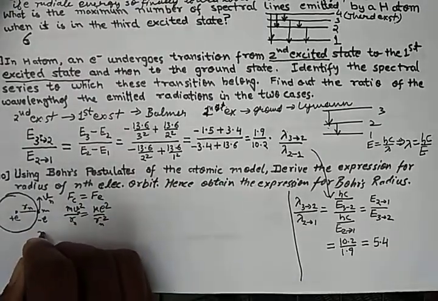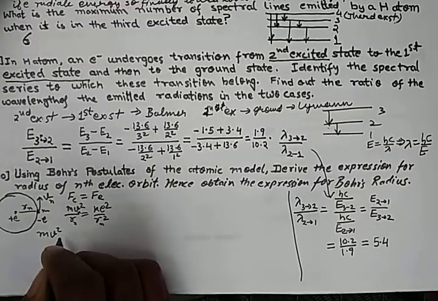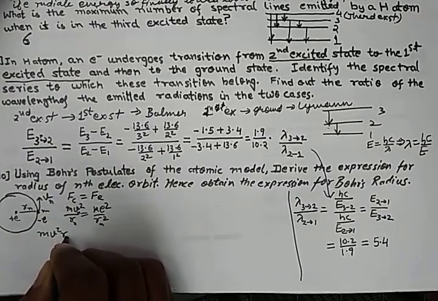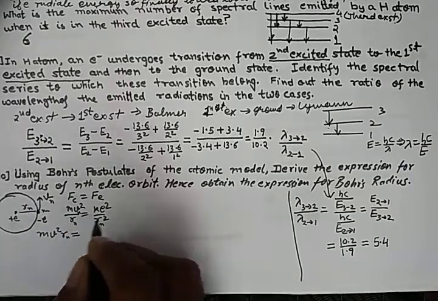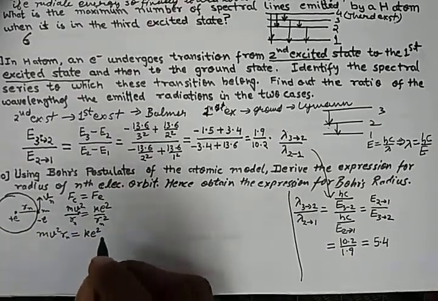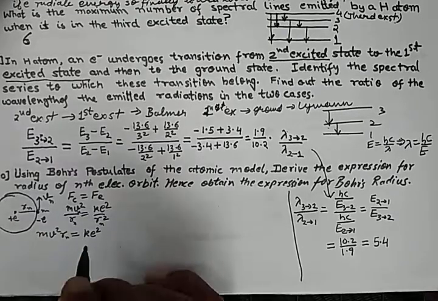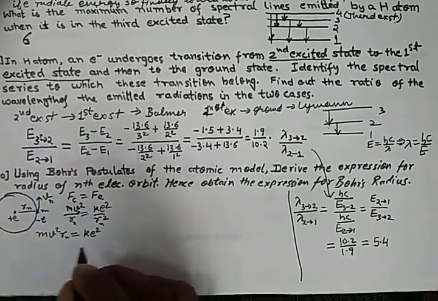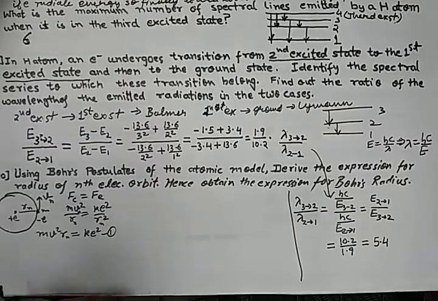So then it will be m v square r_n. Actually I have cancelled and cross multiplied, k e square. Now we have done it many times, so don't bother about it. Then put it in equation 1.